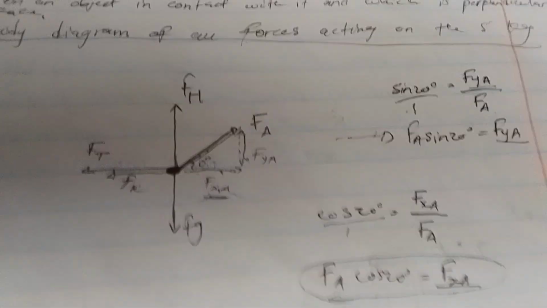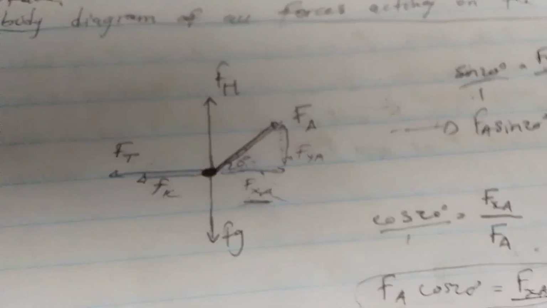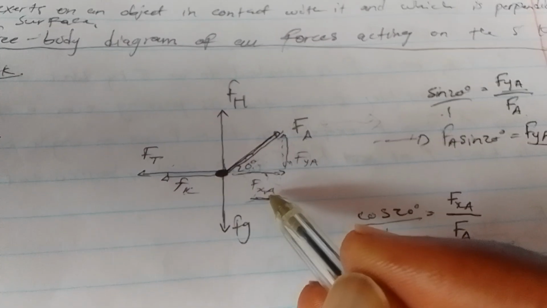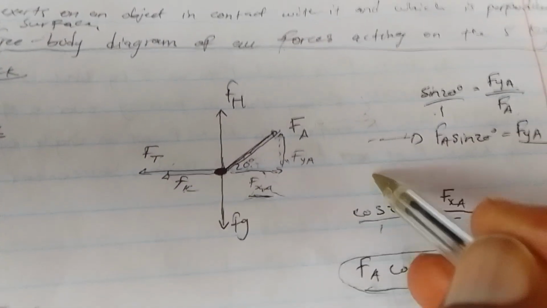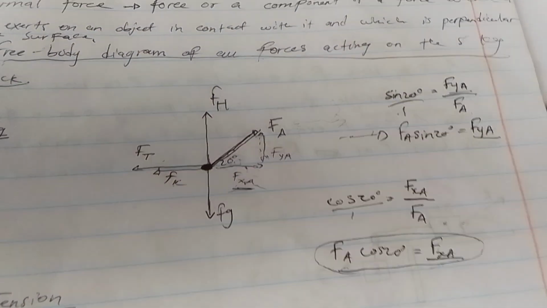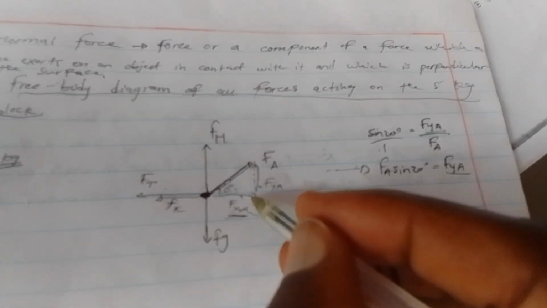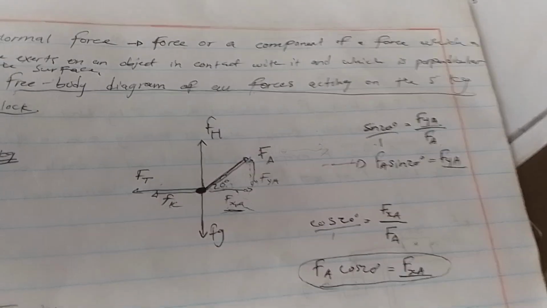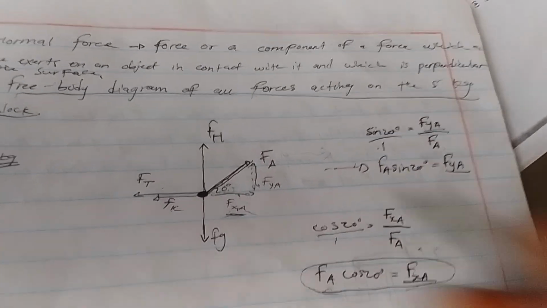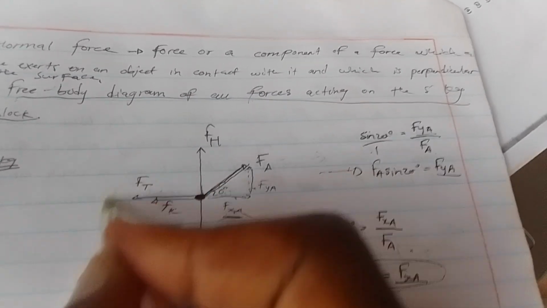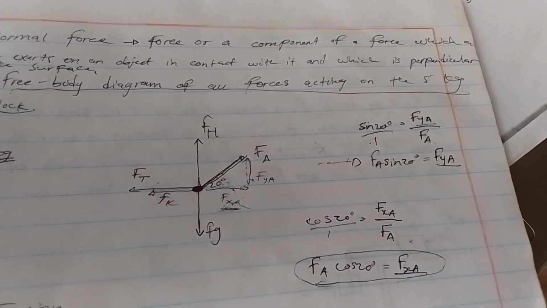Let's go to our free body diagram on our 5 kg block. Our Fxa is acting to the right, following the direction of our force applied, so it will be positive, and the rest of the forces that are opposing the motion will be negative.